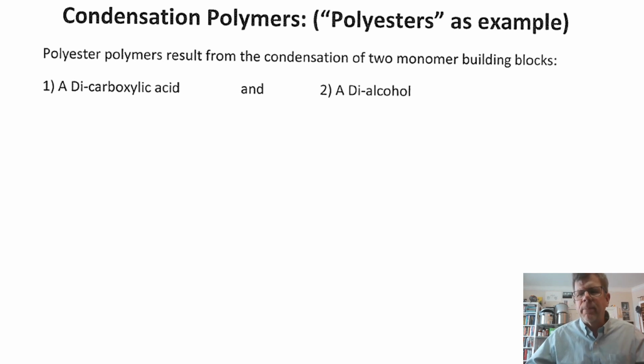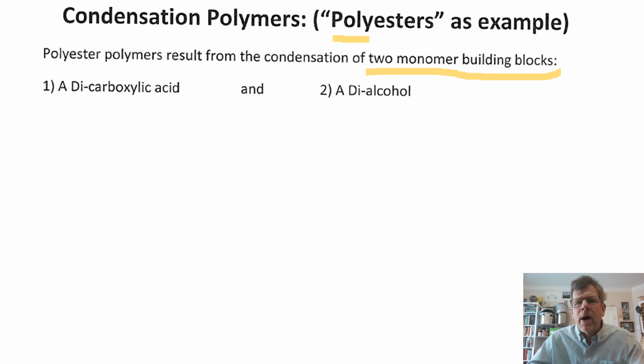In condensation polymers, we have 2 monomer building blocks, two of them. And what we're going to be using, there's many different types of condensation polymers. Since we're talking about esters, we're going to be talking about, and probably a word you're very familiar with, this concept of polyesters. Polyester, like many uses of polyester polymer, notably in clothing, polyesters, which means that we have a polymer of esters. So esters are built from the condensation of a carboxylic acid and an alcohol.